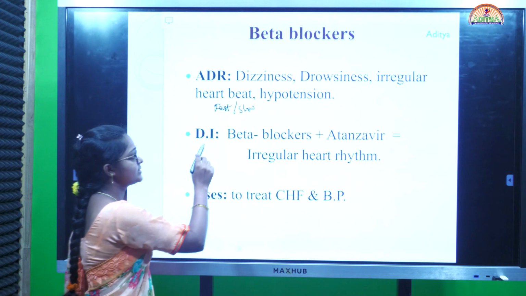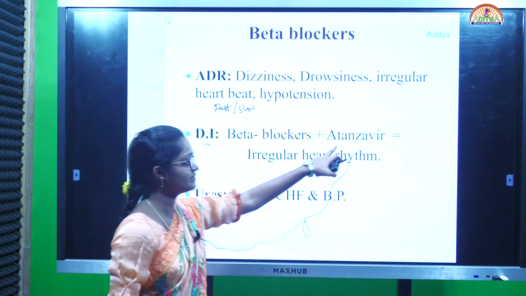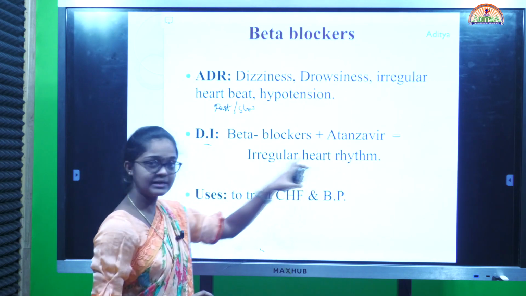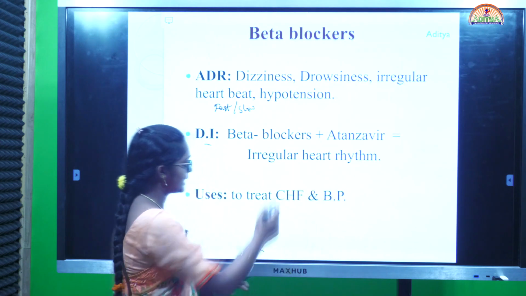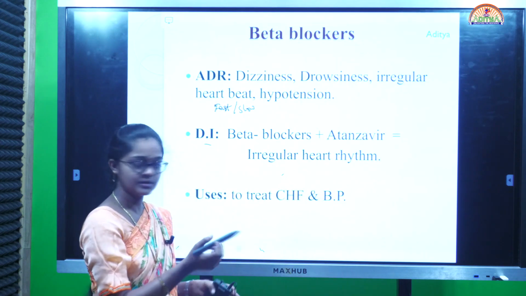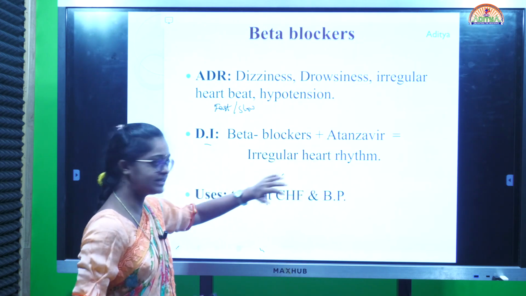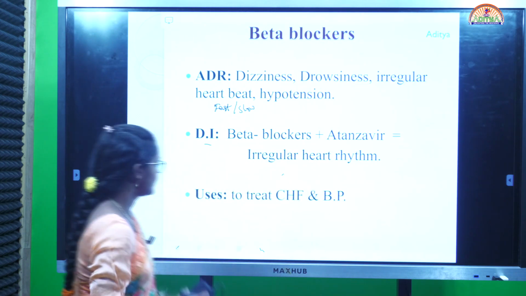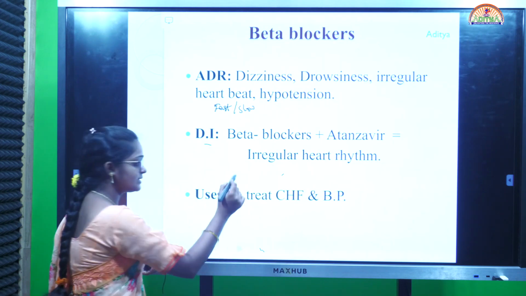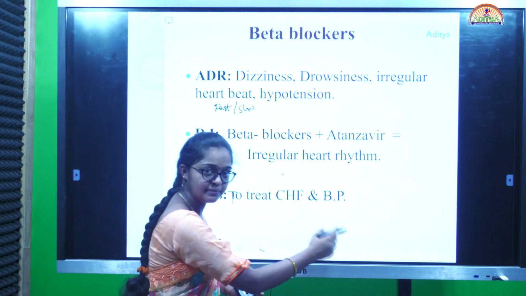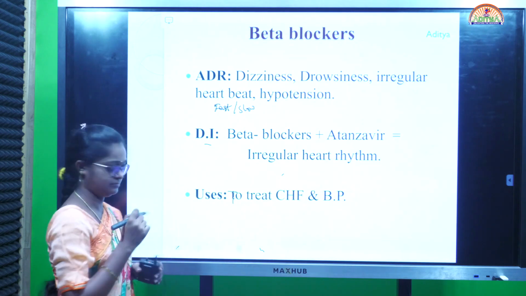Next, drug interactions: beta blockers along with atazanavir cause an irregular heart rhythm, and the lub-dub sound will alter. Next, uses: they are used to treat congestive heart failure and blood pressure.